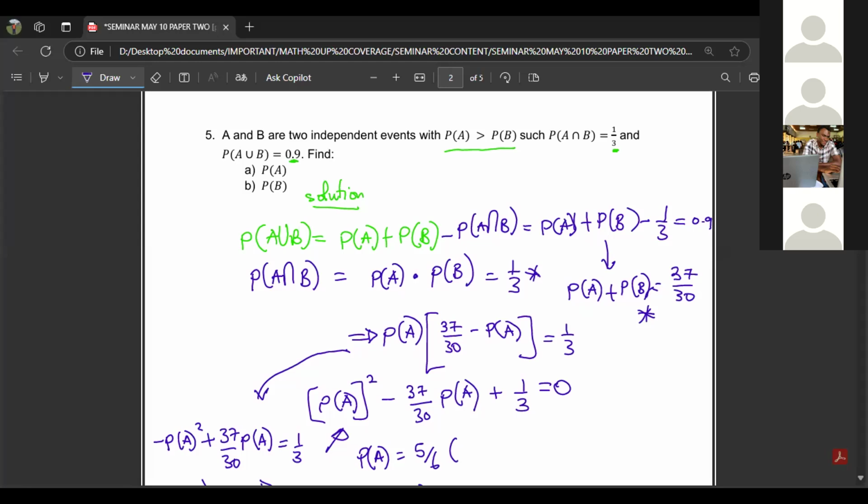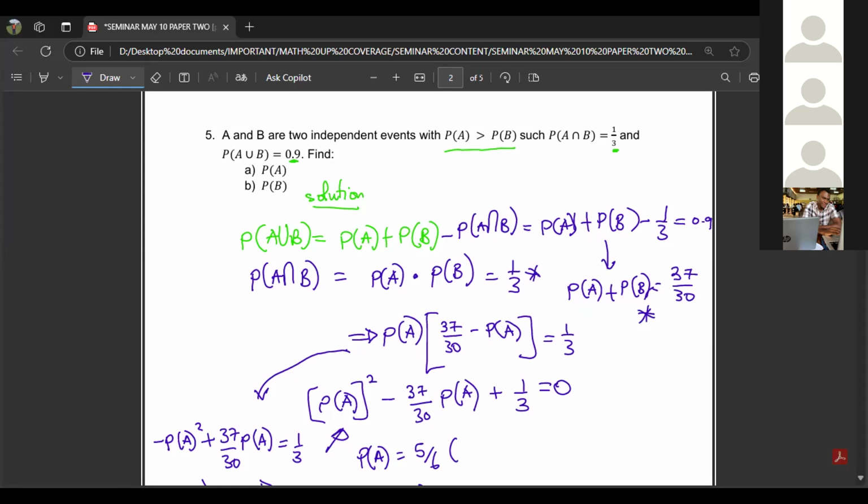If they have a value, then the intersection is simply the product of the probability of A and the probability of B. That's why the probability of A intersection B is the probability of A times the probability of B, which equals a third.